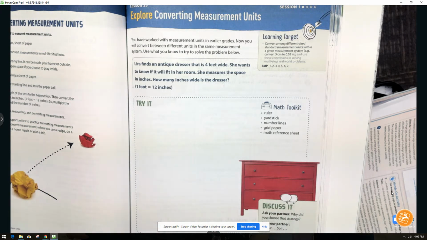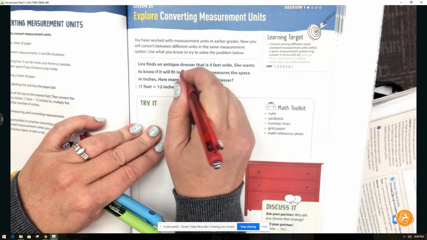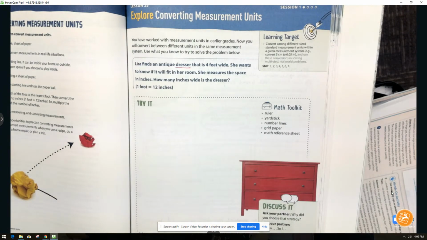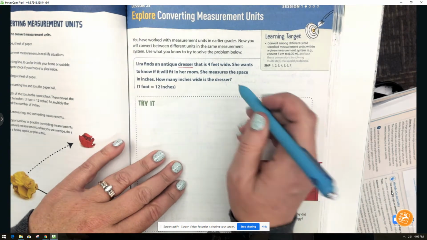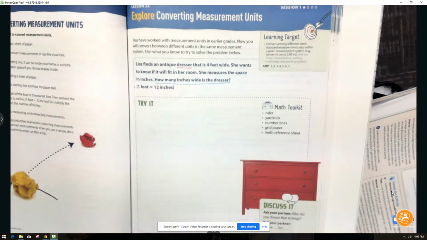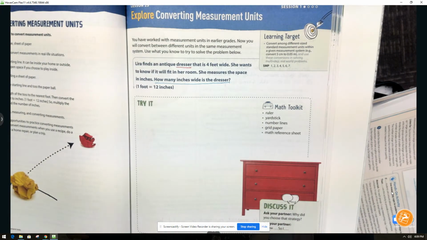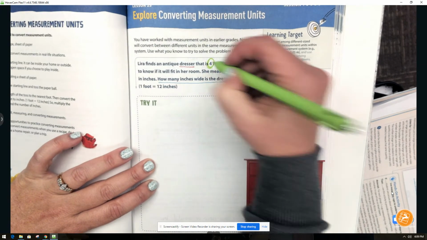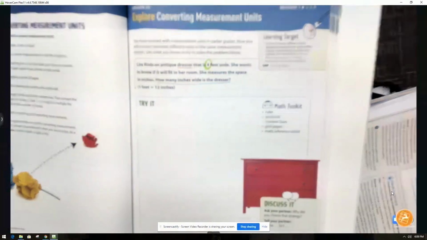So first of all, what is this problem talking about? This problem is talking about a dresser. It's Lyra's dresser. It's what she's going to put her clothes in. And she wants to know how many inches wide is the dresser. We know that it is 4 feet wide, so that's definitely important information.